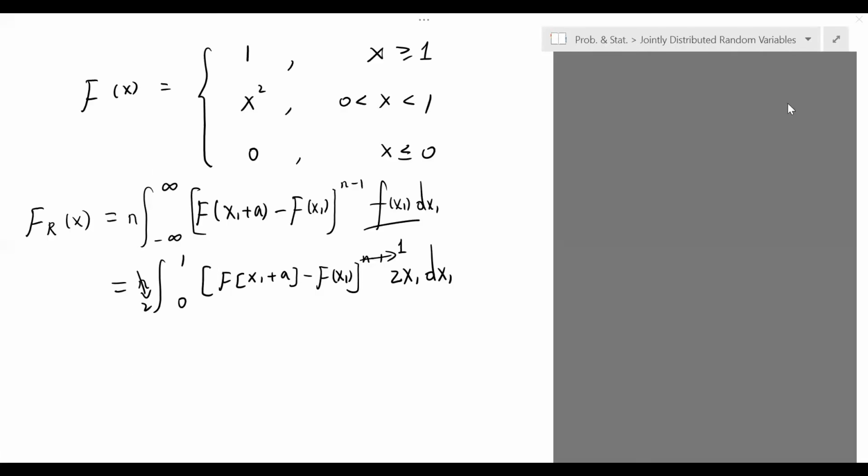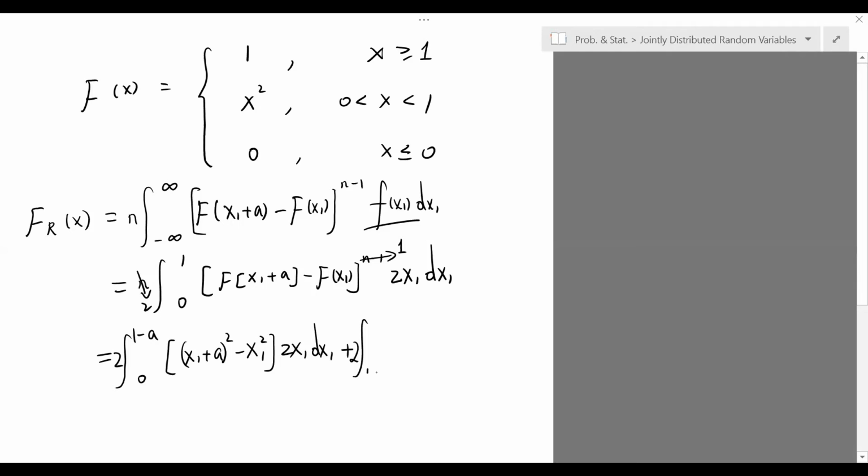We will further split the integral into two parts. From 0 to 1 minus a, the integrand is going to be given by x sub 1 plus a squared minus x sub 1 squared times 2 times x sub 1.